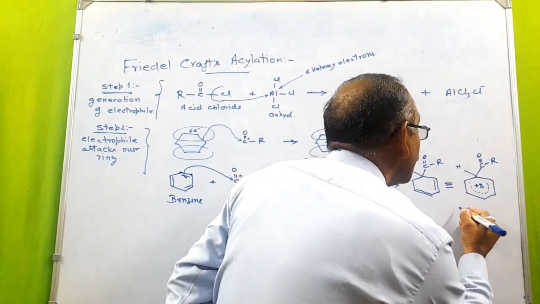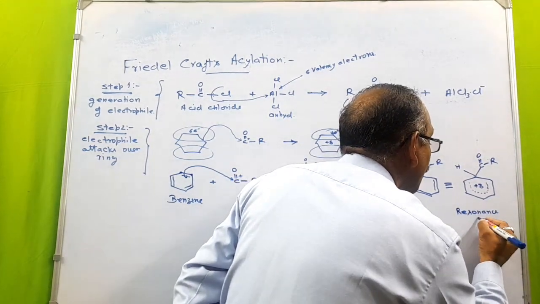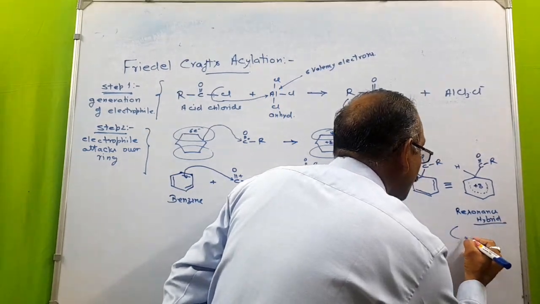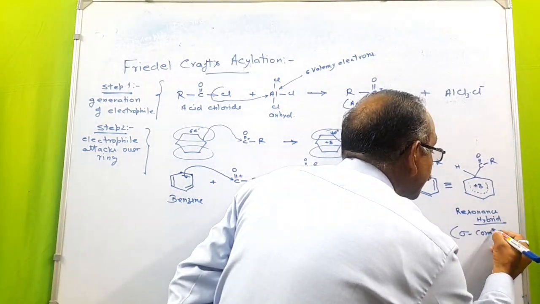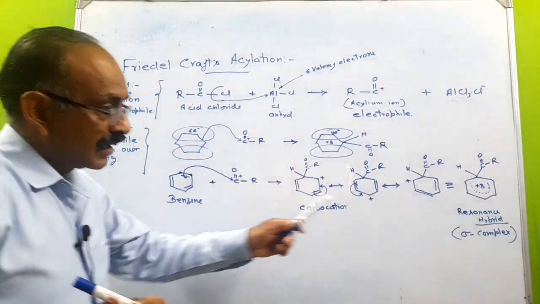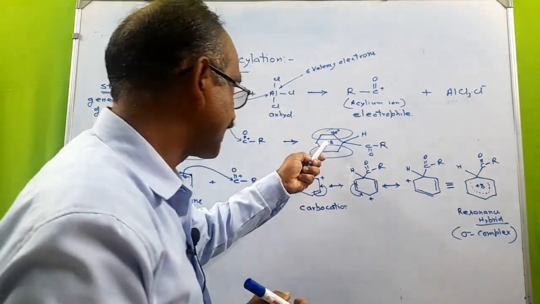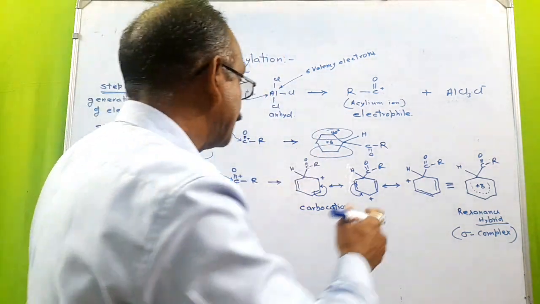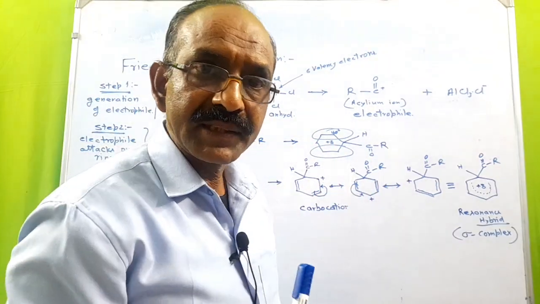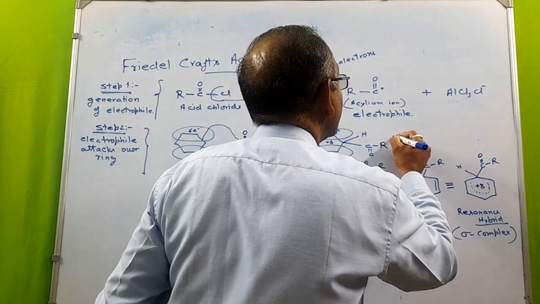This structure is a resonance hybrid. We may call it also a sigma complex. So in the second step, sigma complex or resonance hybrid is formed. This one is the actual structure. Remember that these resonating structures do not have any existence. Now, what actually happens here?